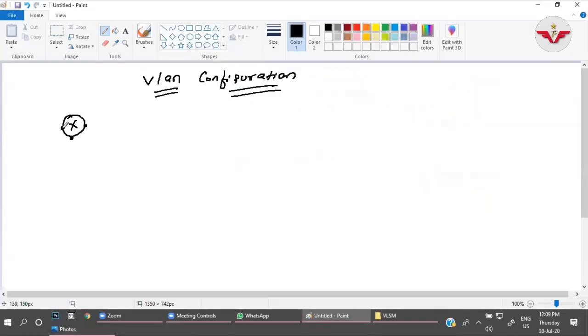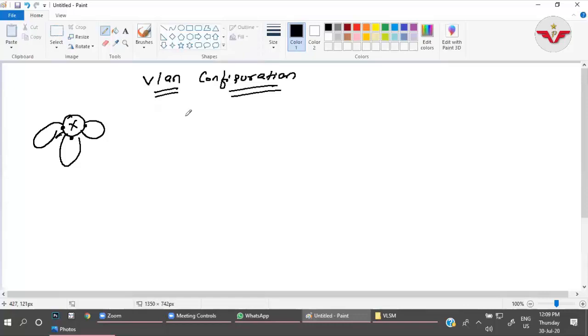We can give a network over here, over here, and over here. We know that a router is a device which interconnects networks. So basically there are three kinds of VLAN configuration. The first is where you use different ports of the router for different networks.